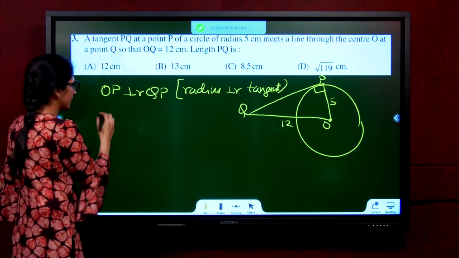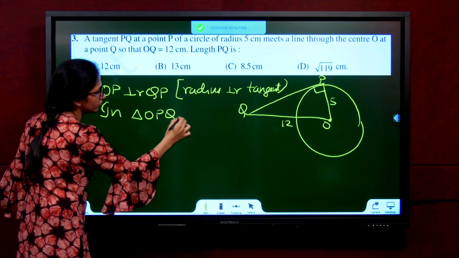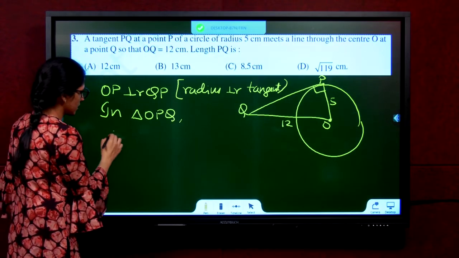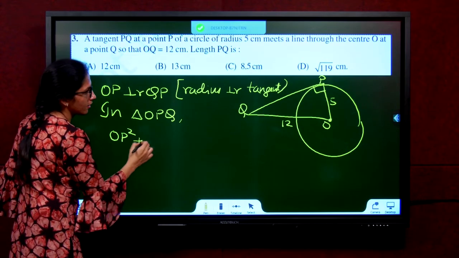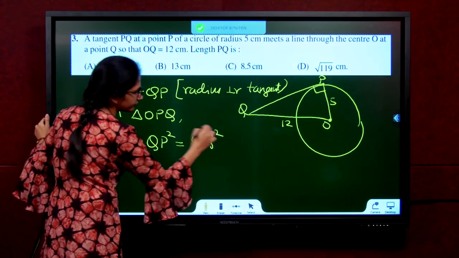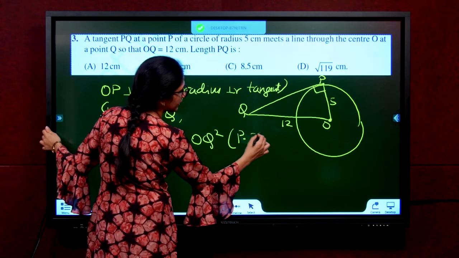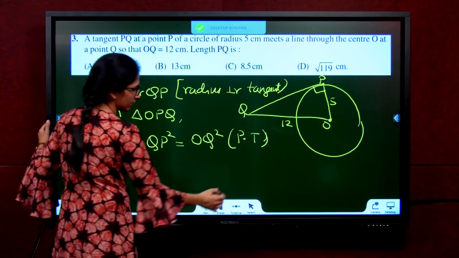Do you agree? Yes. So, in triangle OPQ, can I say OP square plus QP square is equal to OQ square? Why? Pythagoras theorem, write in full words.